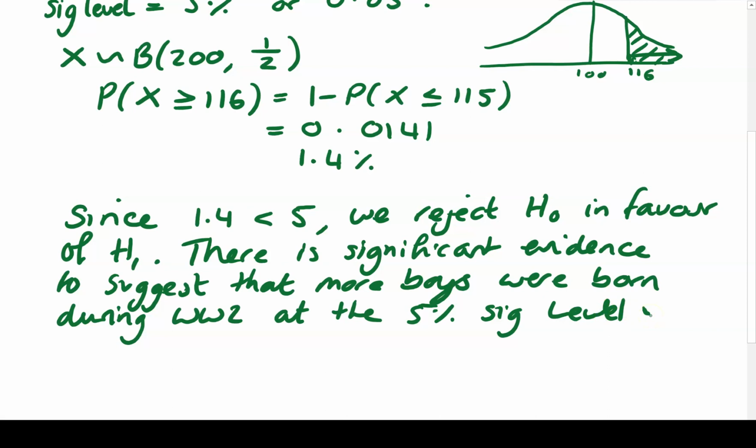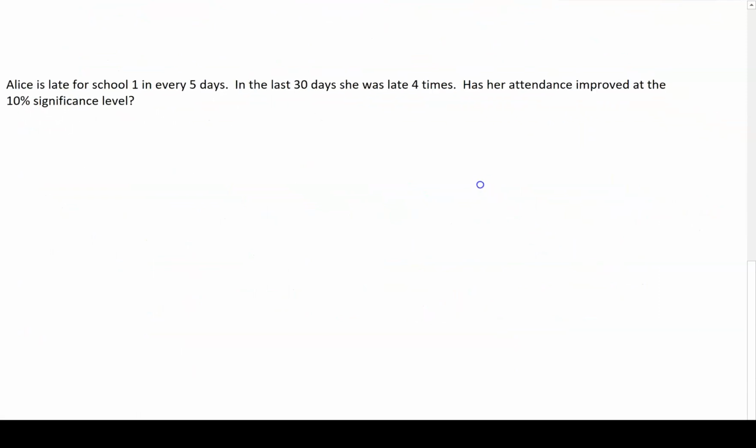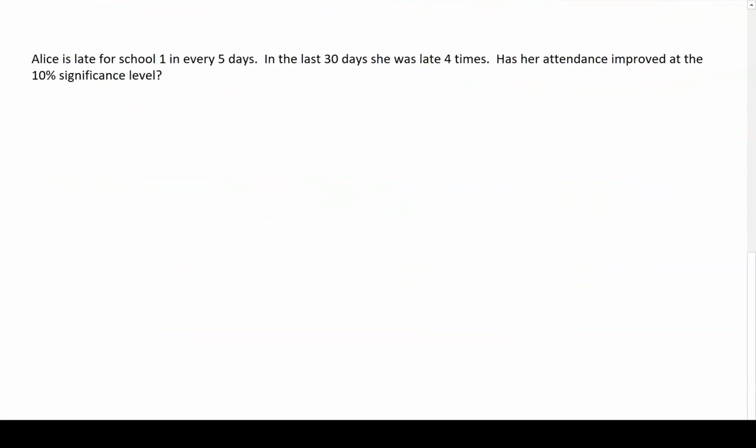Okay, I'm going to see if I can quickly get through another example. So, Alice is late for school 1 in every 5 days. In the last 30 days she was late 4 times. Has her attendance improved? So H0, no change. So she's late 20% of the time. H1, has hers improved.